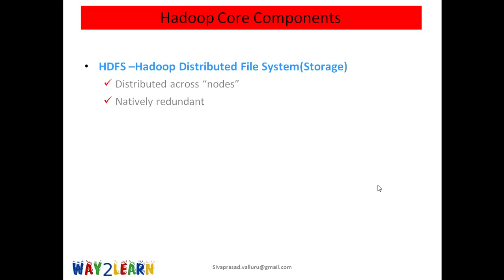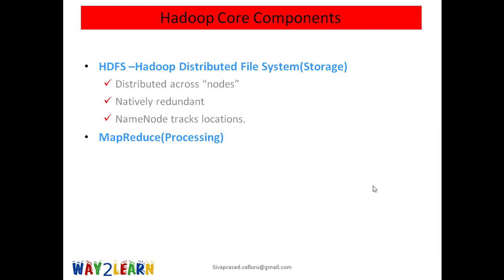That means the data is natively redundant. If one of the nodes is down, you need not worry, the data is replicated thrice by default. And in HDFS we have a daemon called NameNode, which maintains the metadata of all the files and the blocks in RAM.